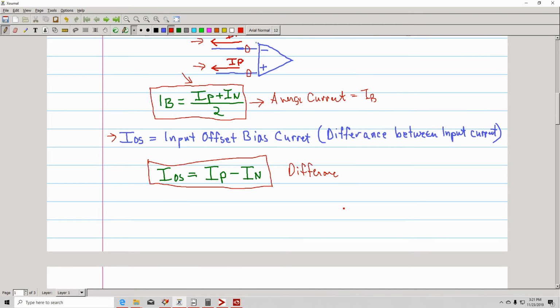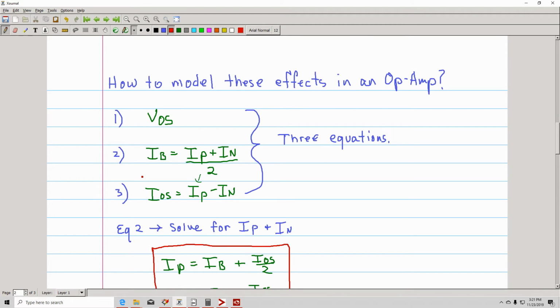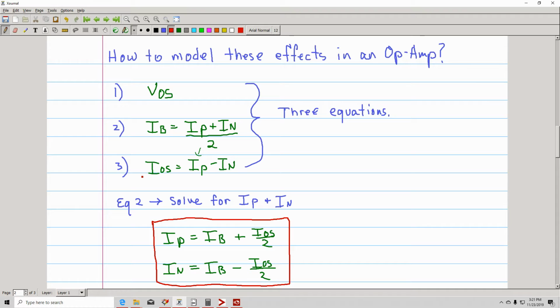Once we have these equations, we're pretty much set. You have the VOS equation, the second equation, and the third equation. The ones we're going to concentrate on right now are these two, because this one is very simple to model.